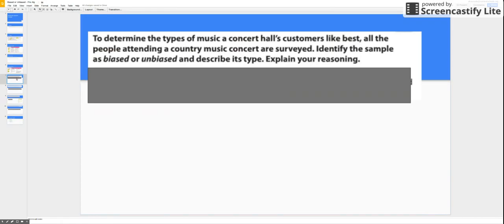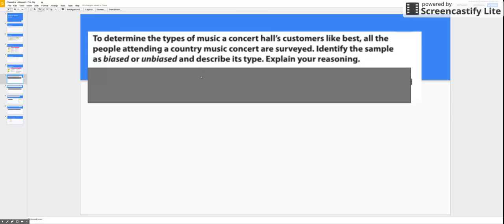To determine the types of music a concert hall's customers like best, all people attending a country music concert are surveyed. Identify the sample as biased or unbiased and describe its type. Explain your reasoning. All the people attending a country music concert are the ones being surveyed. If they're asked what type of music they like, what do you think they're going to say?